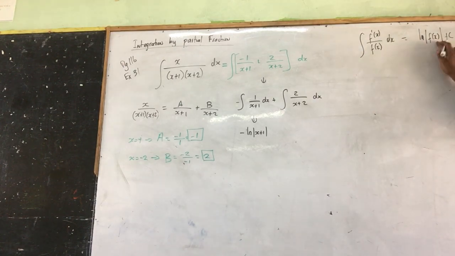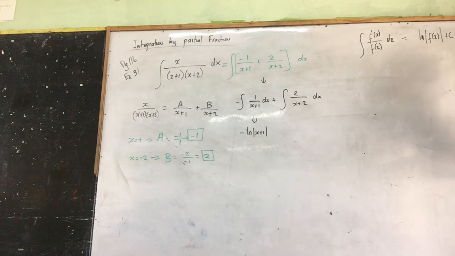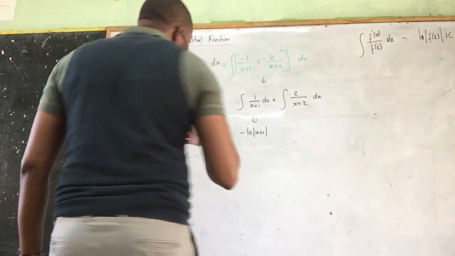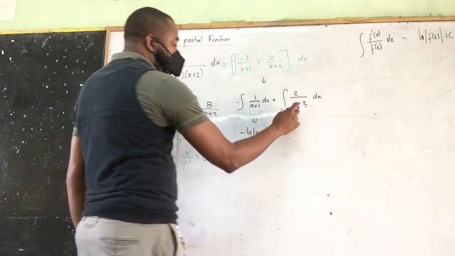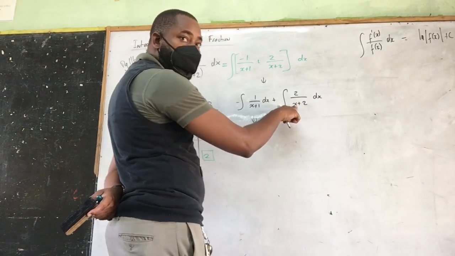Remember, the derivative of natural log is 1 over the thing, or the derivative over the thing. So in this one, the derivative of x plus 2 would be 1.